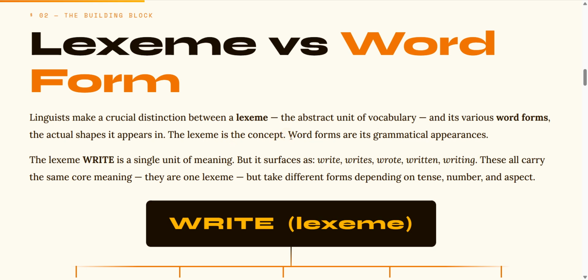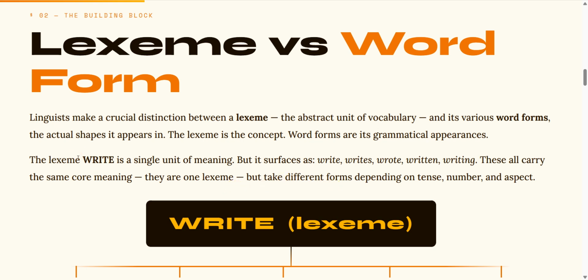The lexeme is the concept, word forms are its grammatical appearances. Write is a single unit of meaning, but it surfaces as write, writes, wrote, written, writing. They all carry the same core meaning. They are one lexeme but have different forms.